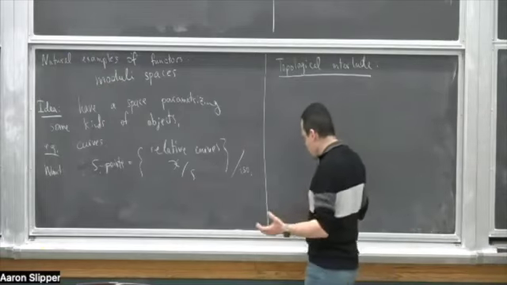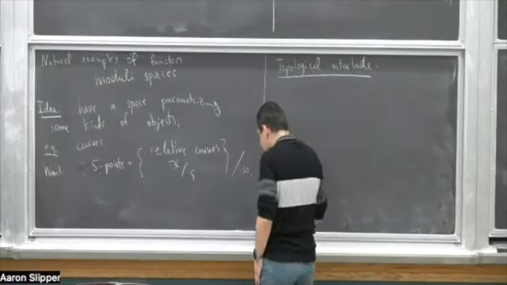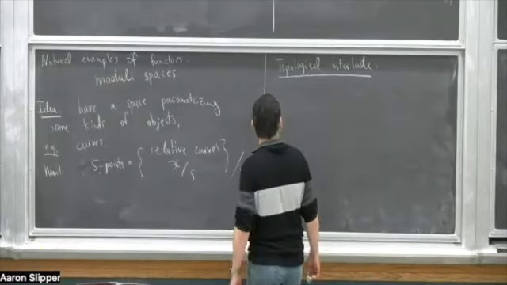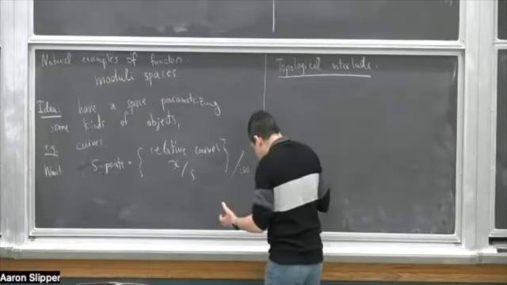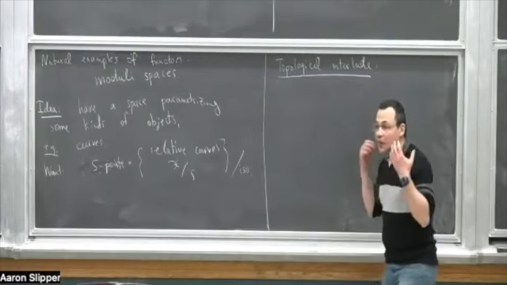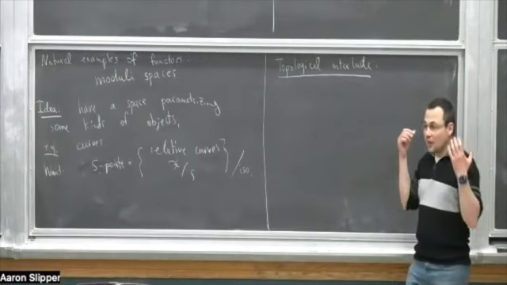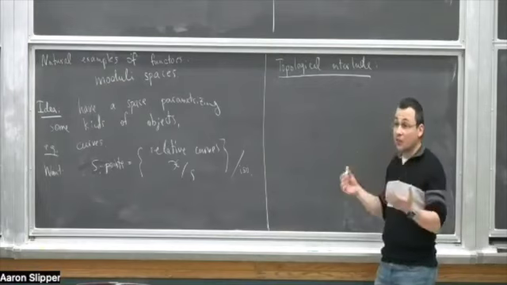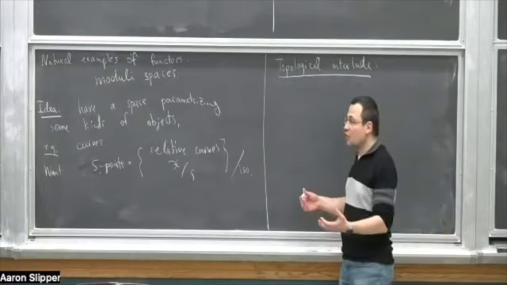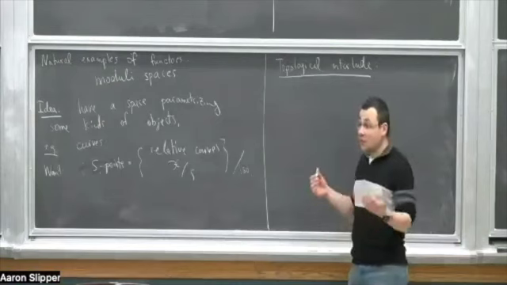So let's try to do the silliest possible thing, which is to look at continuous families of two-pointed sets.